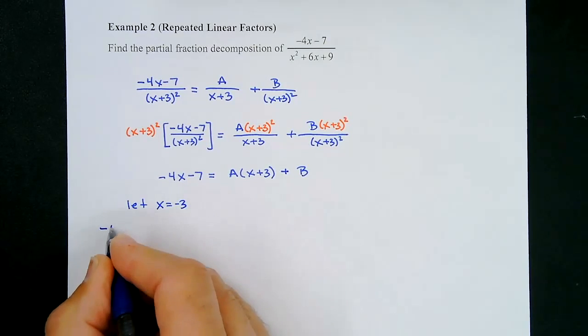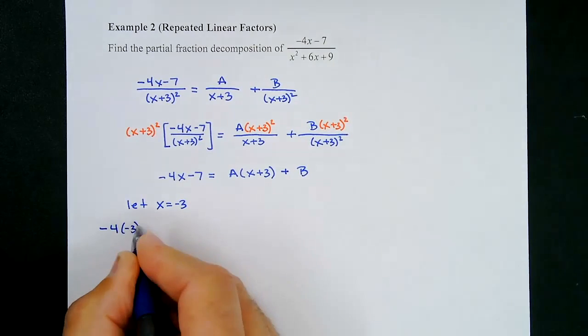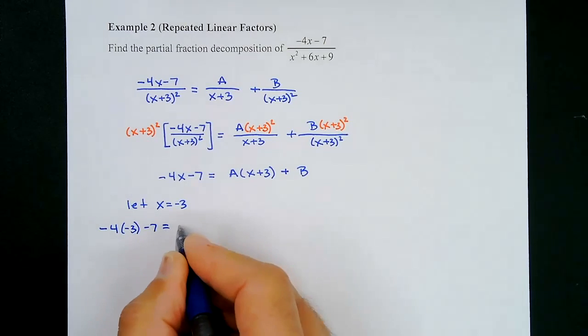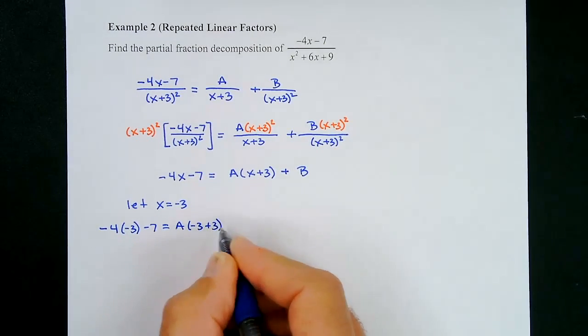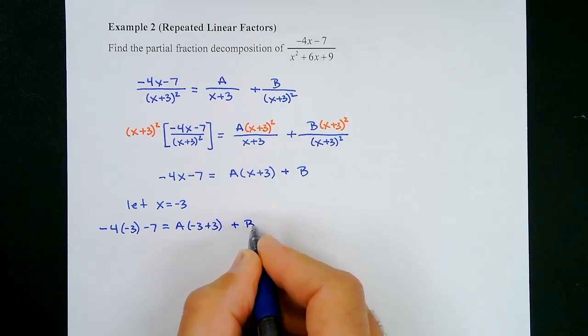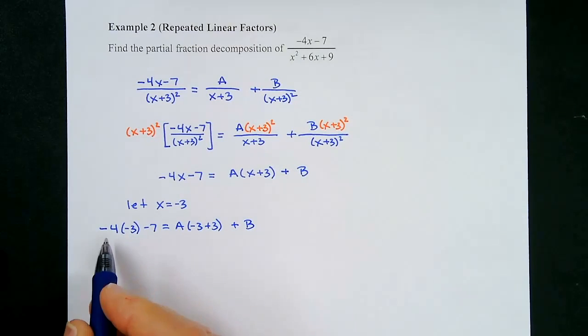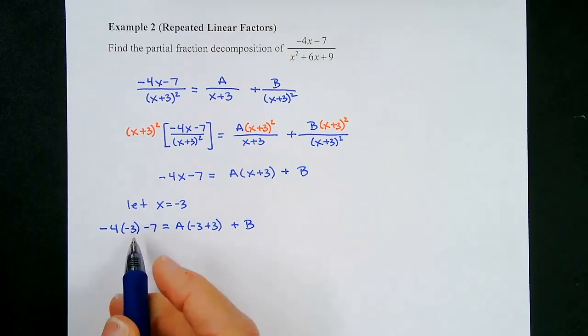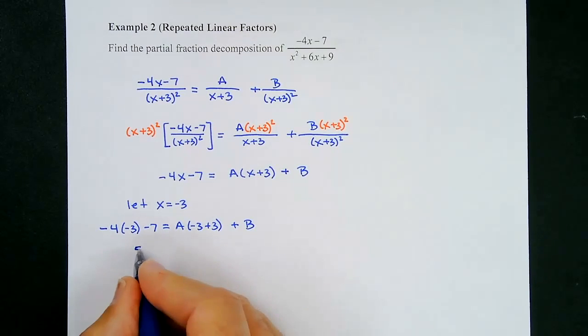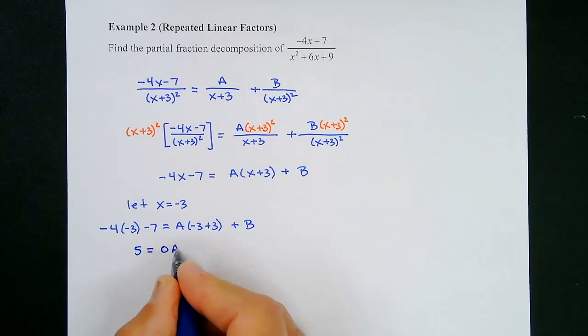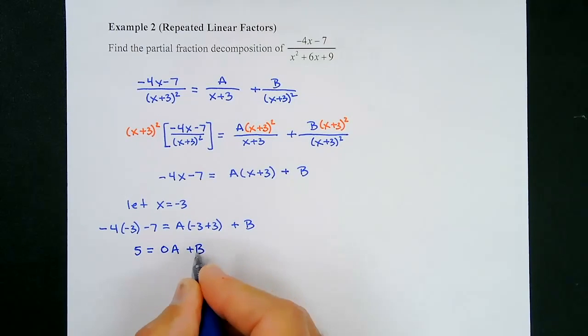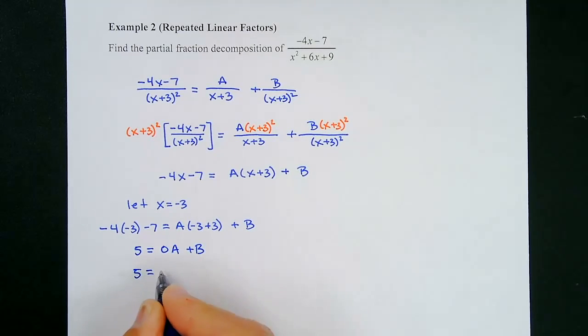So this winds up being -4 times -3 minus 7 is equal to a times -3 plus 3 plus b, because there's no x to put there, right? So this is going to be 12 minus 7. 12 minus 7 is 5, is equal to a times 0, or 0a, plus b. So that means 5 is equal to b.